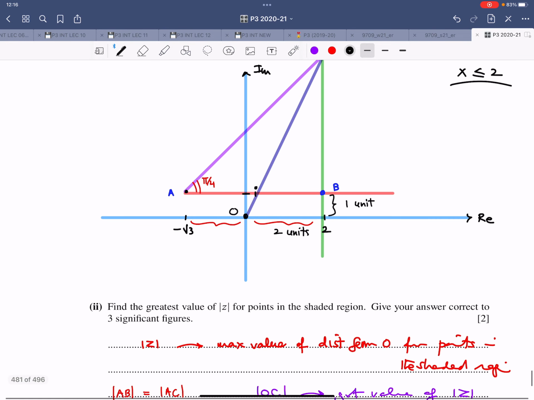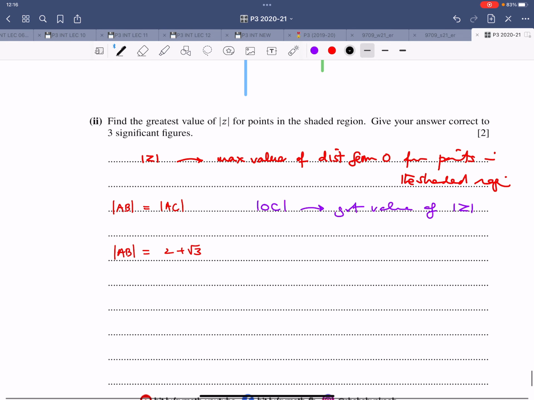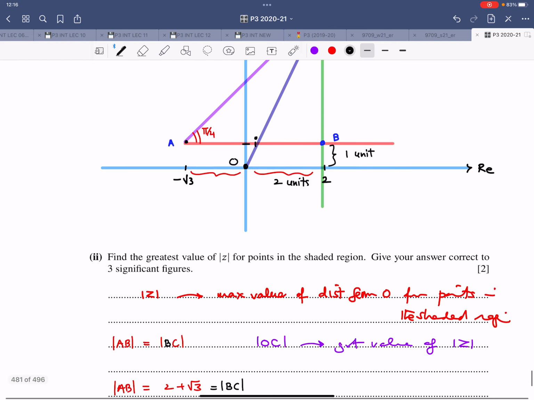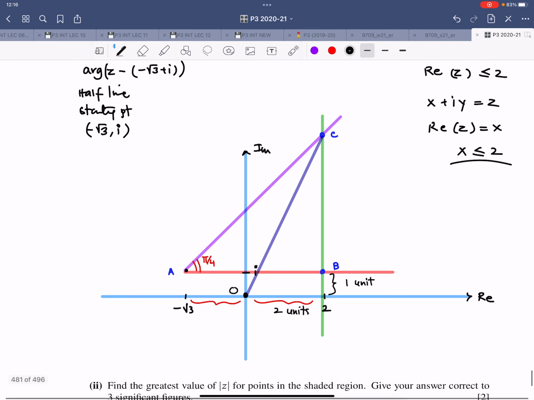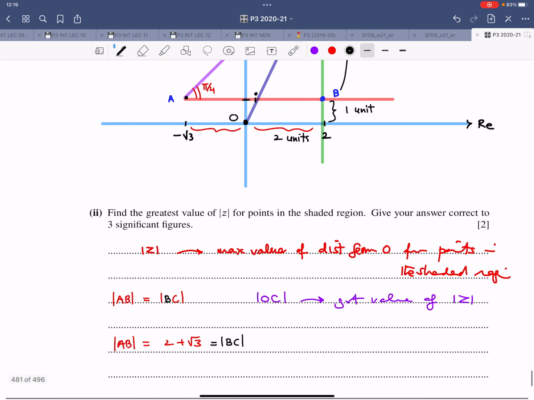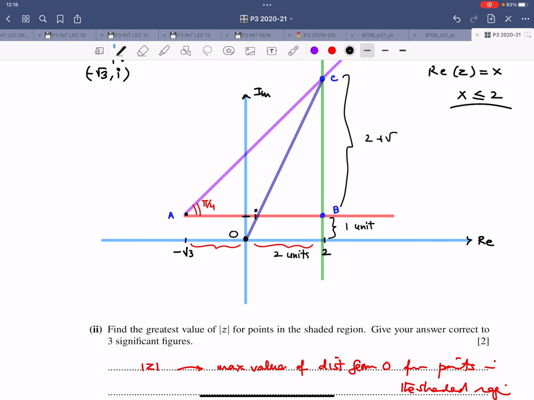AB equals BC, so let me correct this: this is BC. BC is 2 plus root 3. Got the idea? Now this point, let me call it D. So OD is 2 units.